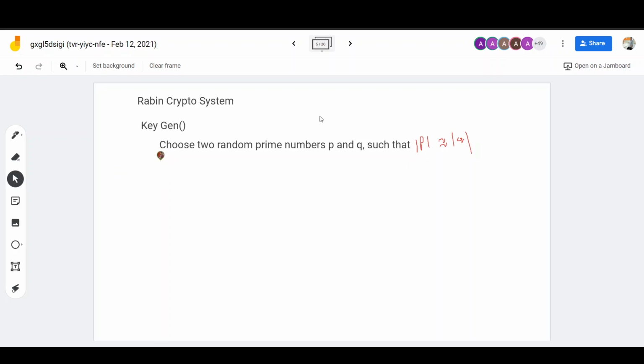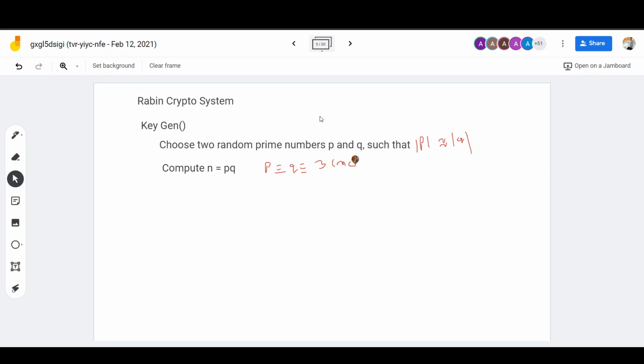The second step in this algorithm: compute n equal to PQ. Here we should satisfy one condition. That condition is P is congruent to Q, which is congruent to 3 mod 4.